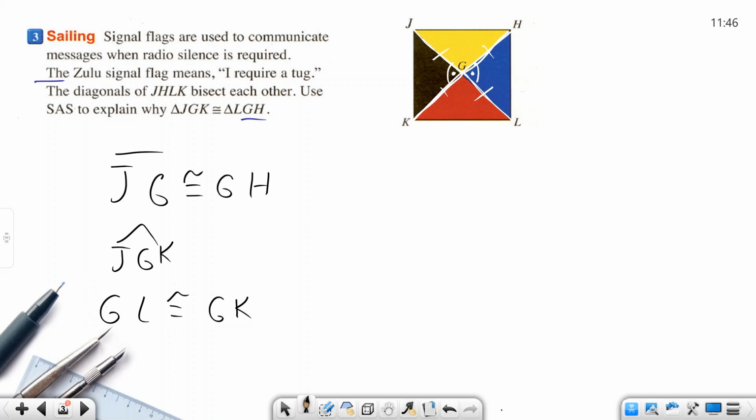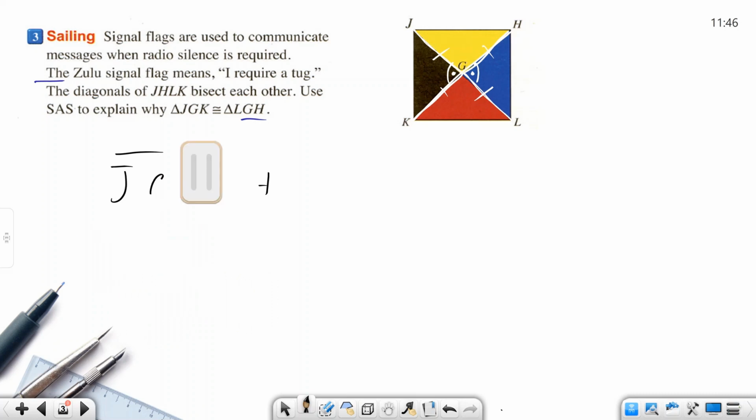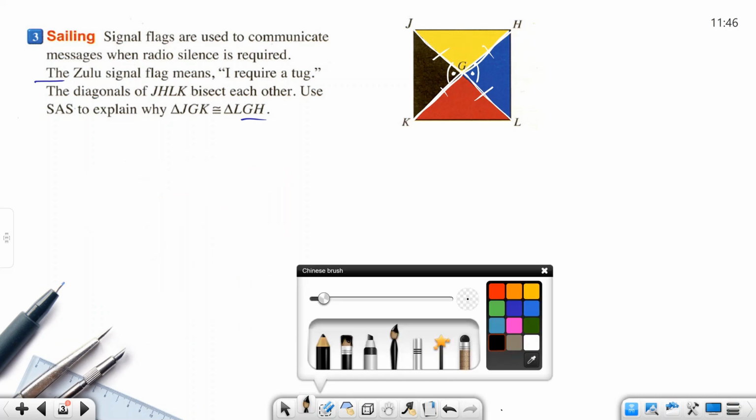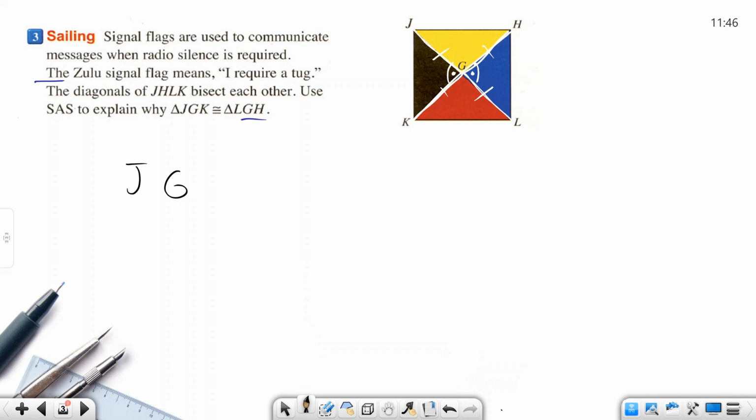What did I do? So let's start the question again. No, everything is okay, but I was just confused about the order. So the side is JG, so it's congruent with GL. This is correct. So let's write the angle in the middle because it's side. Now I need an angle.